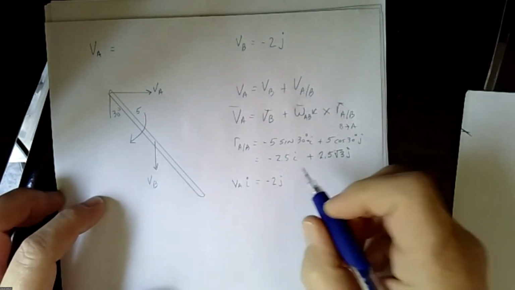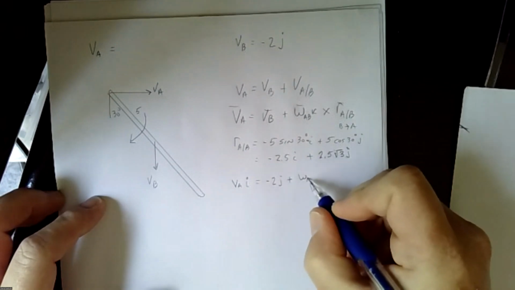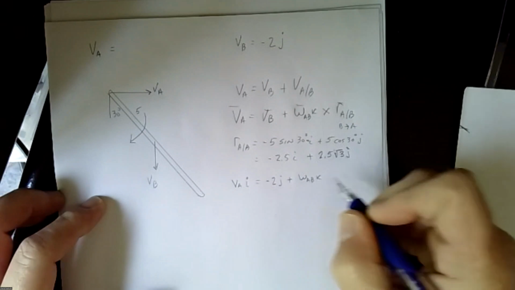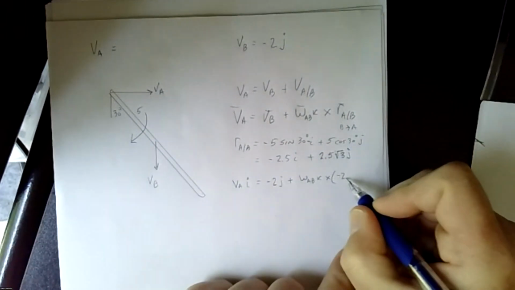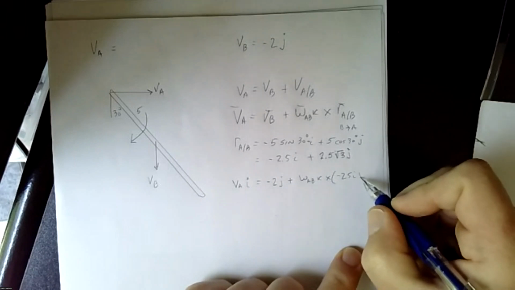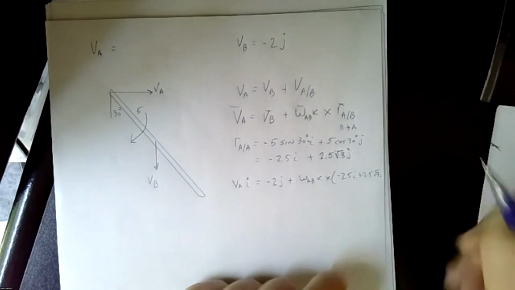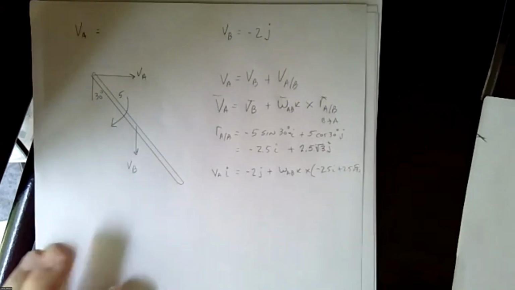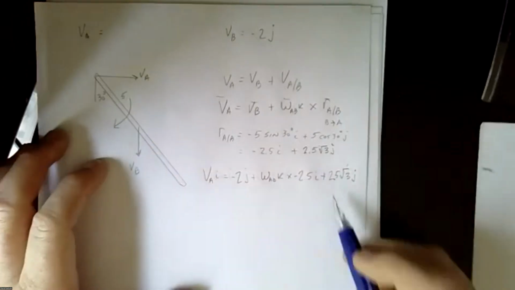And then that, of course, is going to be plus omega AB K crossed with negative 2.5 I plus 2.5 root 3 J. All right, so there's that.